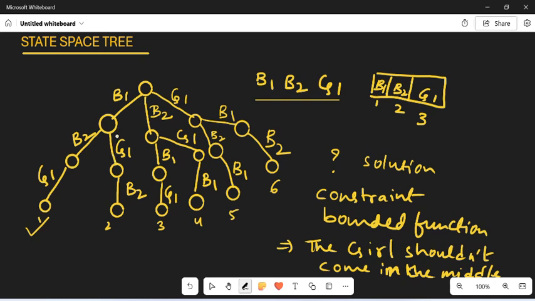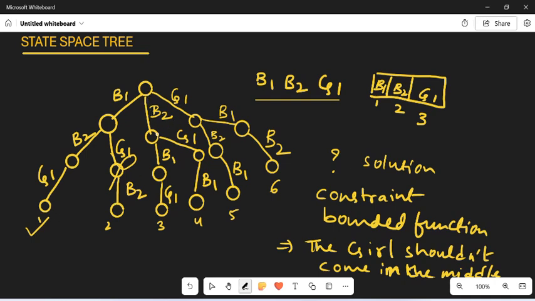As we have three students, the girl should not come in the middle, meaning the girl should not be placed in the second position. We should not make the girl sit in the second chair. Now here who is on the second chair? The girl is on the second chair. That means this process is killed. Therefore this is not a proper solution.